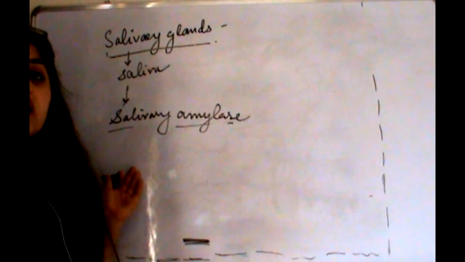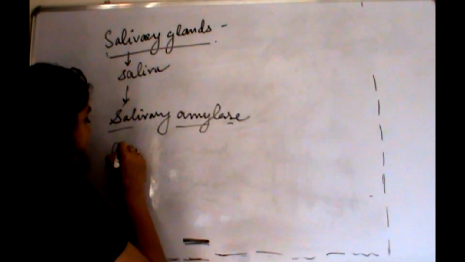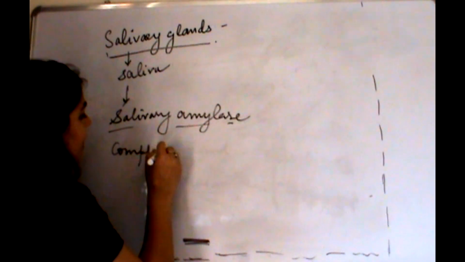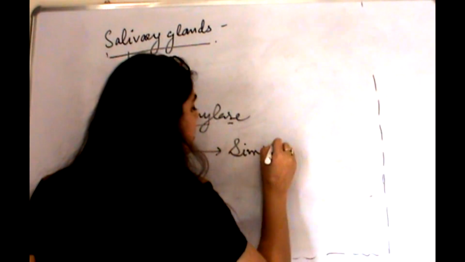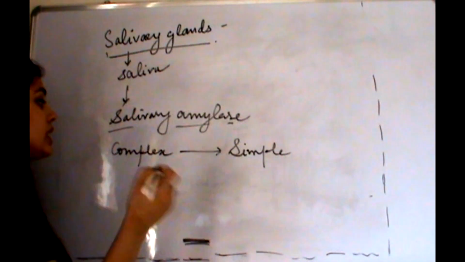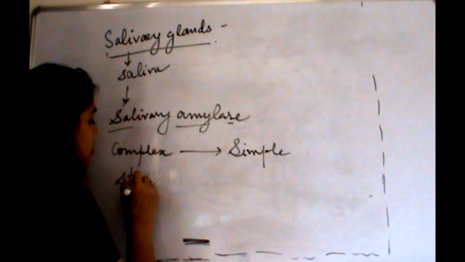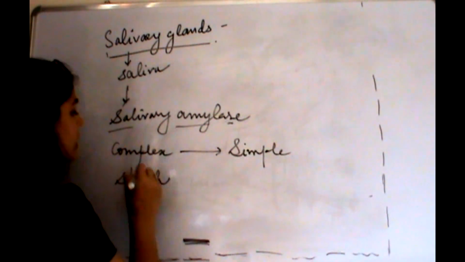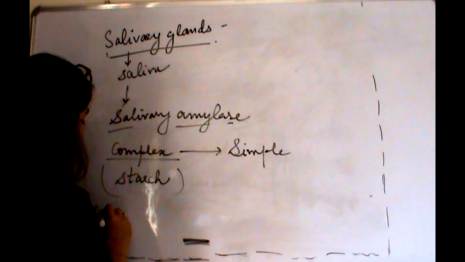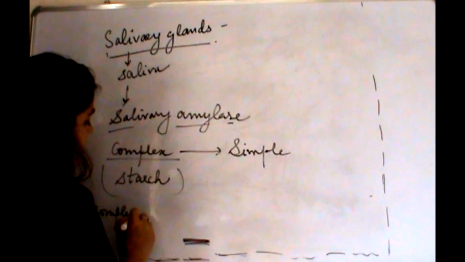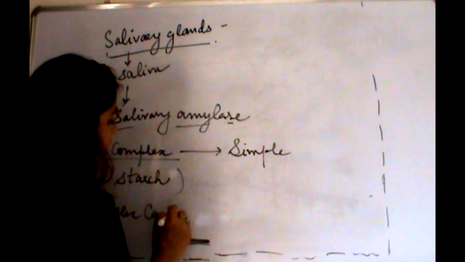As I've already said, when food is converted from complex to simple, starch is a very complex carbohydrate.